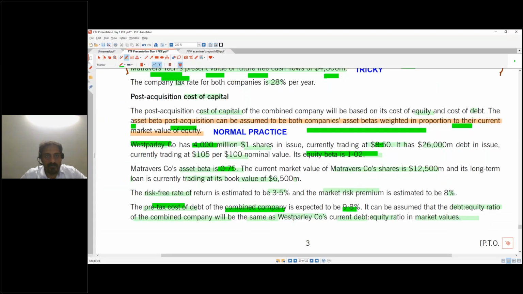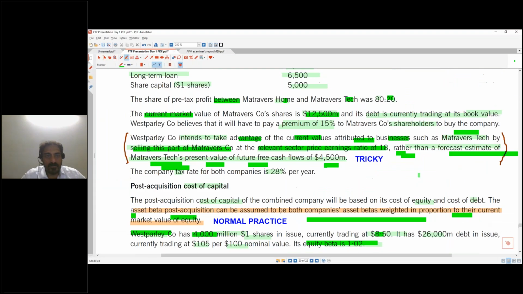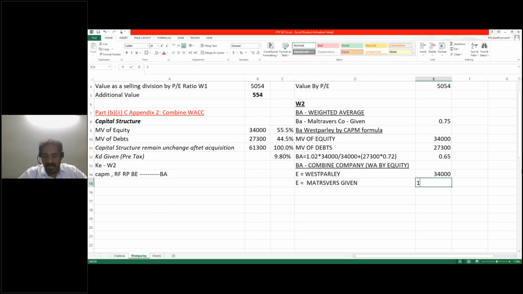Can you tell me how much is Metravers? That's 12,500. That is the point.